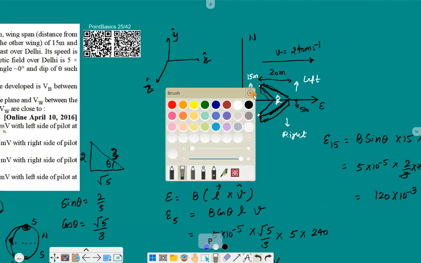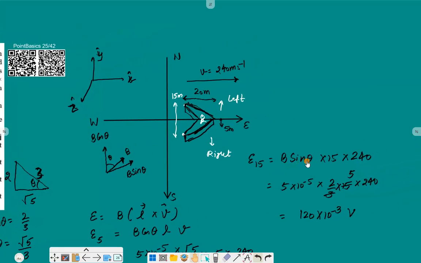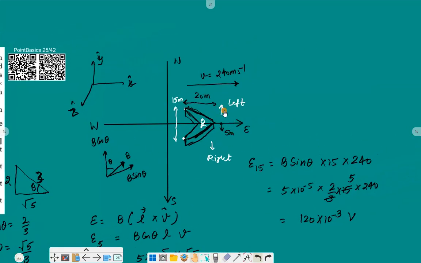Now let's find out the force on the electrons. According to that, we can solve which side will be positive and which side will be negative. Now we know that force on a moving charge is given by Q V cross B. Now we assume that this plane is made of metal, and metal has a lot of free electrons.